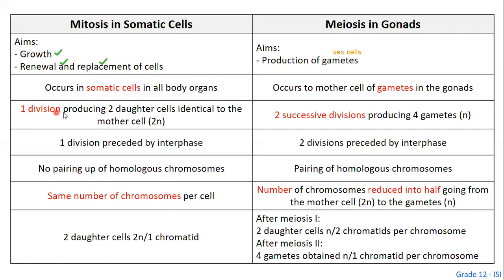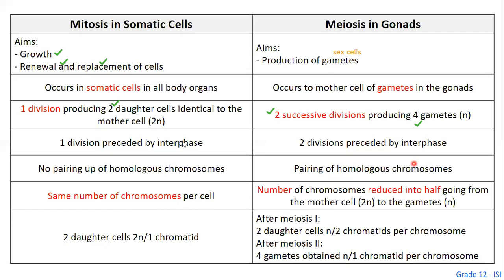Mitosis is one division. At the end, we will have 2 daughter cells, while meiosis has 2 divisions, meiosis 1 and meiosis 2, and at the end, I will have 4 gametes. Here, 1 division, and before this 1 division, we have interphase. Here also 1 interphase, but before meiosis 1 and meiosis 2, there is no interphase between meiosis 1 and meiosis 2.